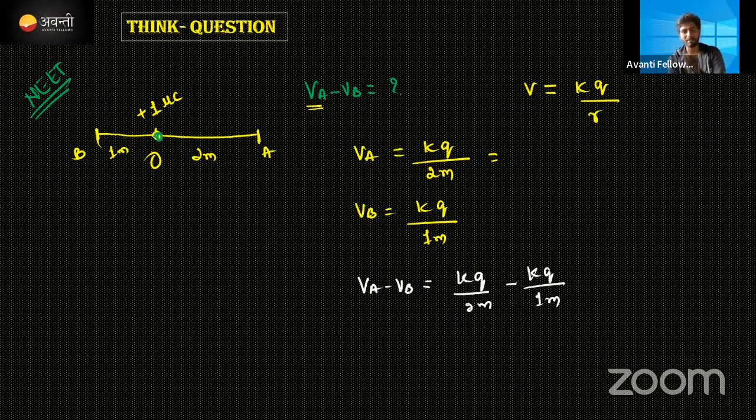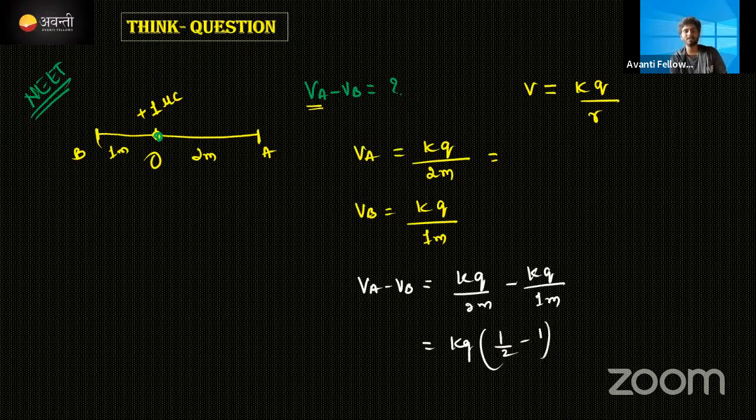In both equations KQ is common. Take it outside. Then 1 by 2 minus 1 is what? It is minus 1 by 2.